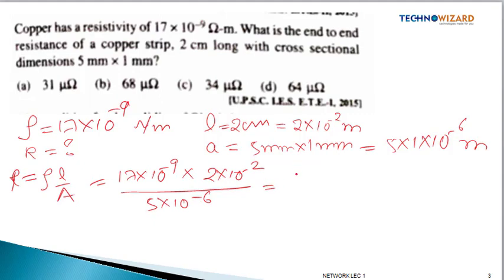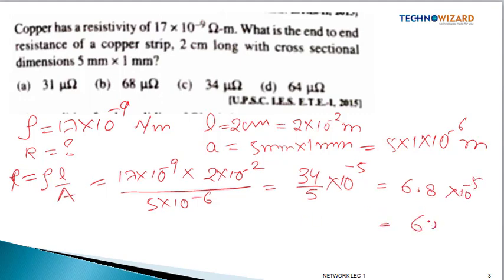After calculation we get 34 by 5 into 10 to the power minus 11 plus 6, which is minus 5. After dividing this we get 6.8 into 10 to the power minus 5. We need the answer in micro ohm, so this will be 68 micro ohm. So option B is correct.